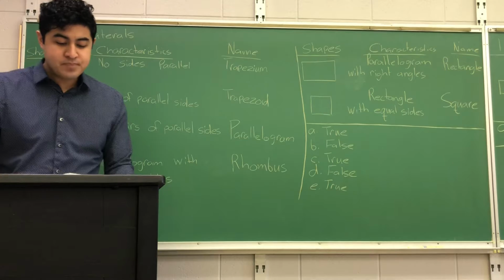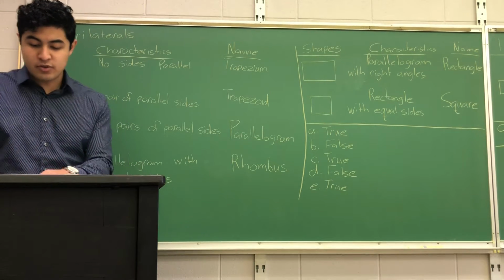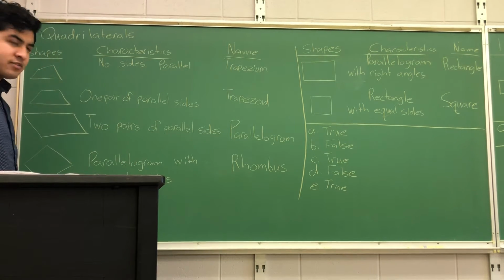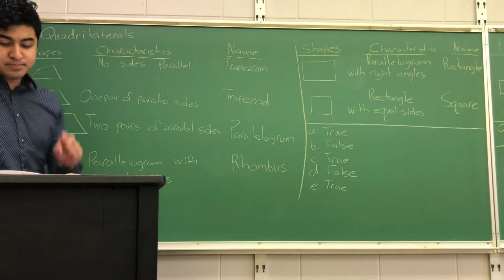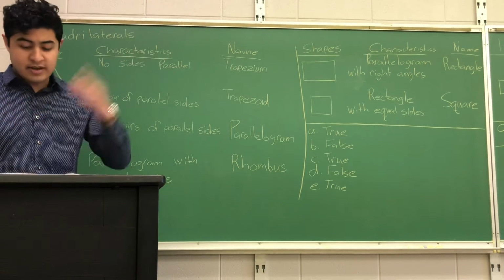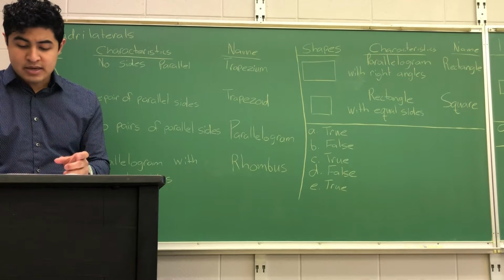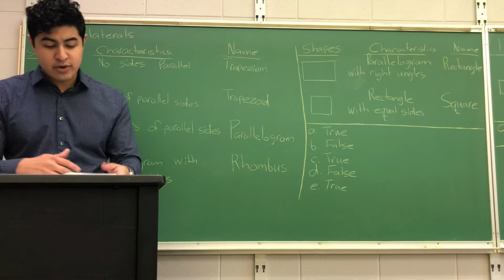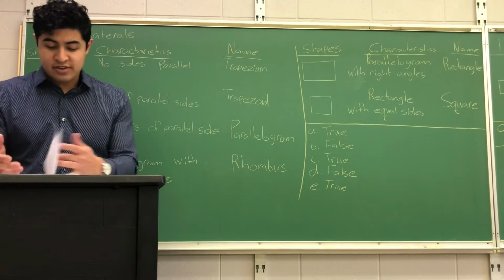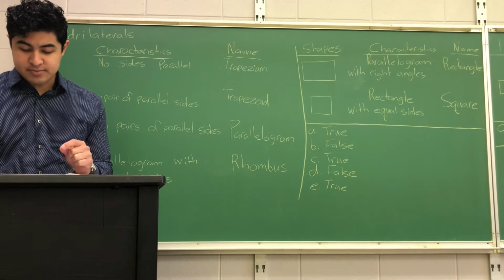Then letter D, every rhombus is a square, okay? So let's look at the rhombus. A rhombus is a parallelogram with equal sides. If you look at your information box, you see that a rhombus is a parallelogram with equal sides. Now the statement is, every rhombus is a square. That is not necessarily true. Let's go ahead and read this information again.